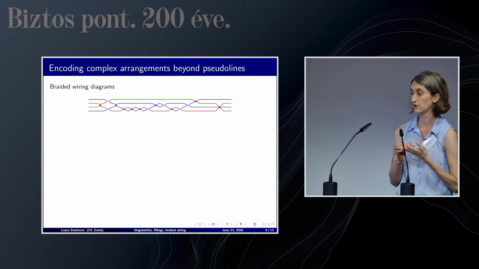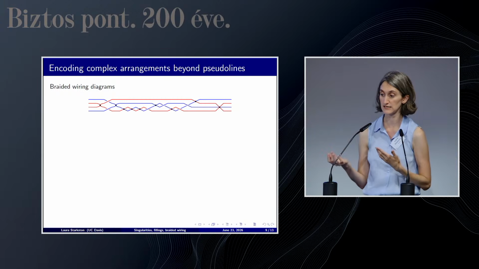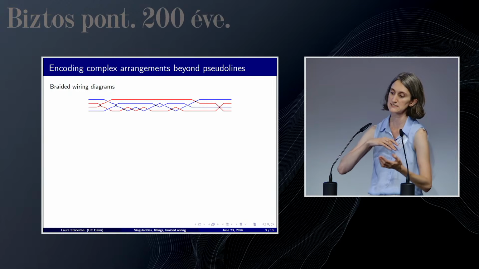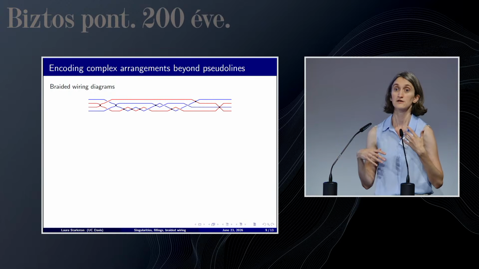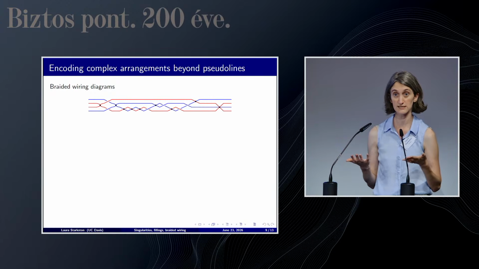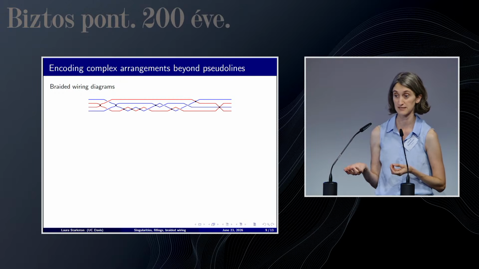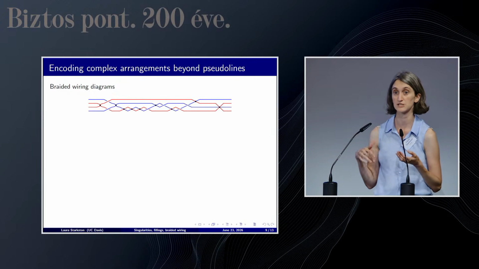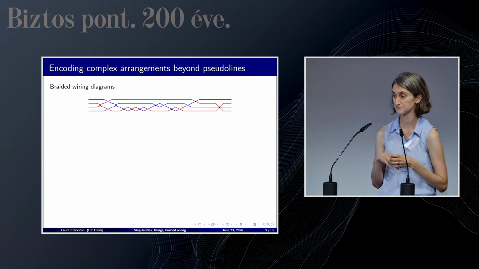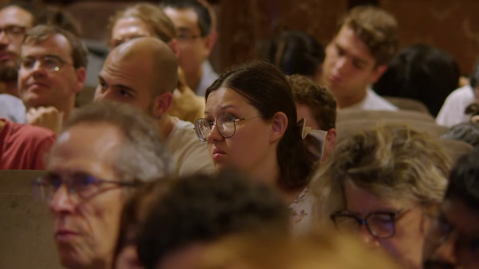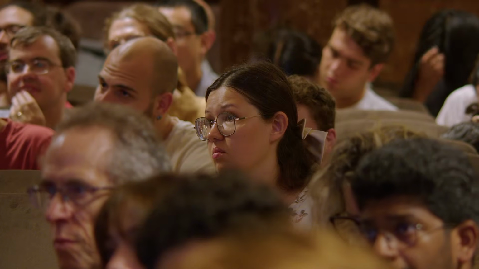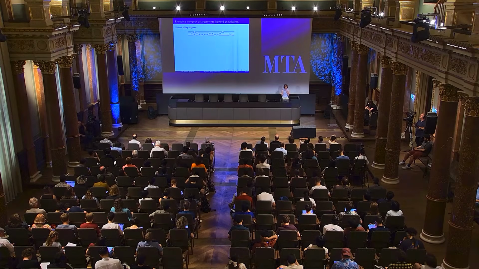The way that we do this is through something called braided wiring diagrams. This is a generalization of what Arvola originally called braided wiring diagrams in order to study complex line arrangements. Our generalization is going to allow these tangencies, which are the branch points of our surfaces. It looks like a braid, except you're allowed to have singularities.